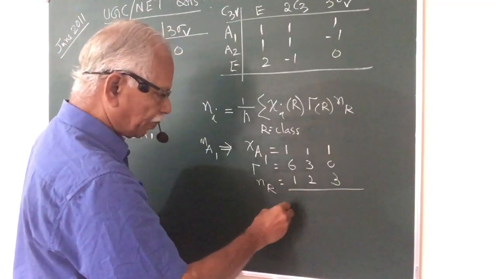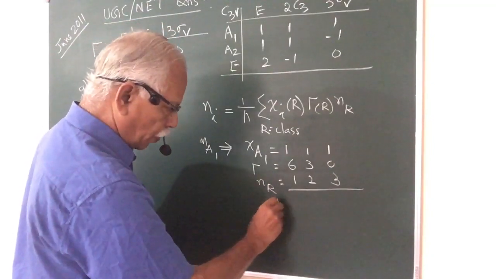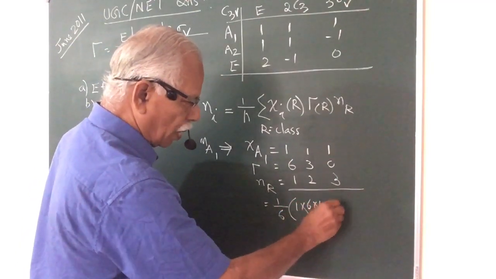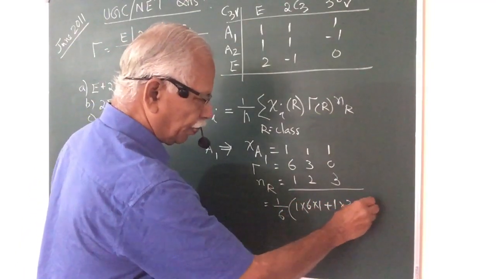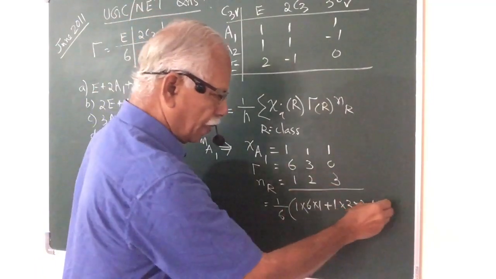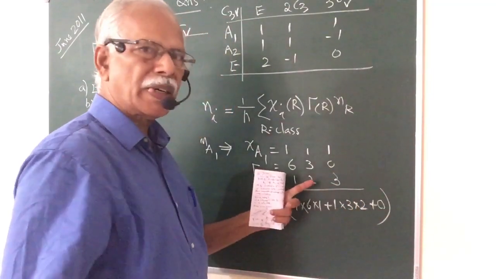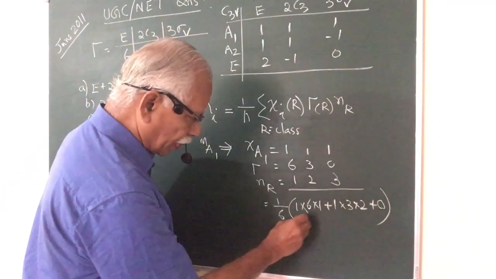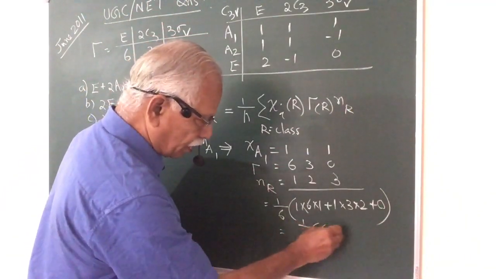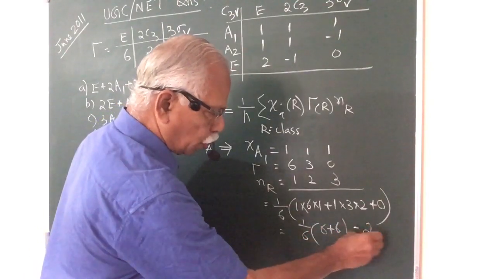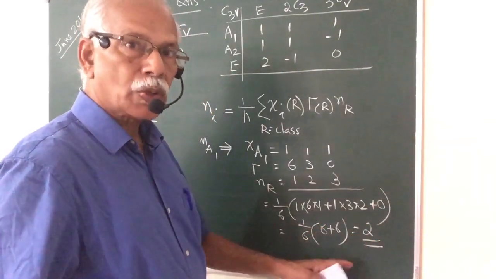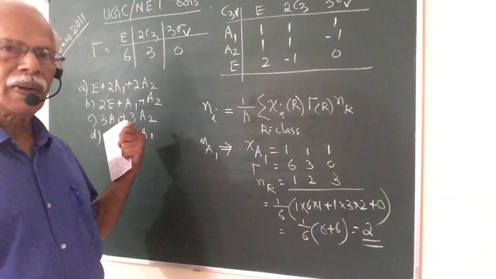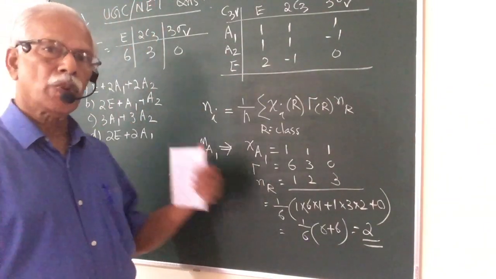You multiply and add them up: 1 by 6, 1 into 6 into 1, plus 1 into 3 into 2, plus 1 into 0 into 3. If one of the multipliers is 0, the whole thing becomes 0. So this will be 1 by 6 into 6 plus 6, or it is 2. So there are two A1 irreps in the given reducible representation.